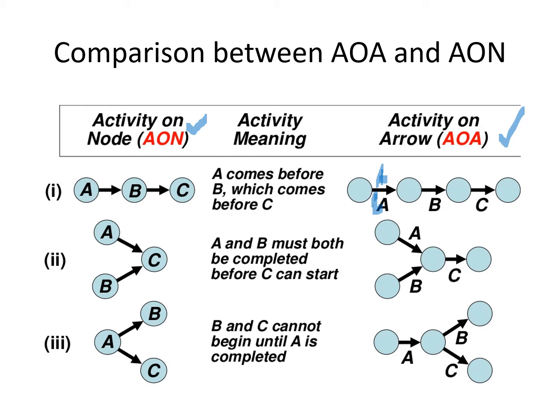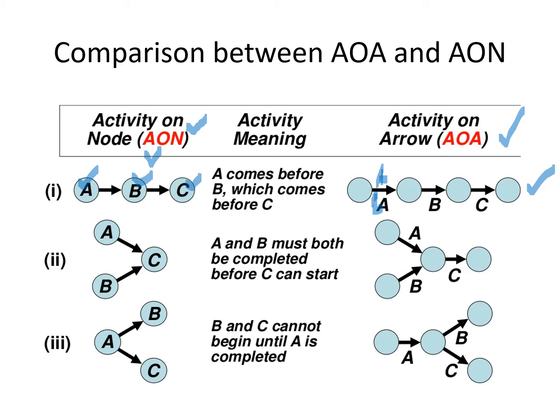So as you can see, this is a linear series of activities happening over here, and over here is the activity on node, the same series of activities A, B, and C which are happening. They are represented by nodes. The activities are in the nodes in this particular convention. So A is activity, B is activity, C is activity.